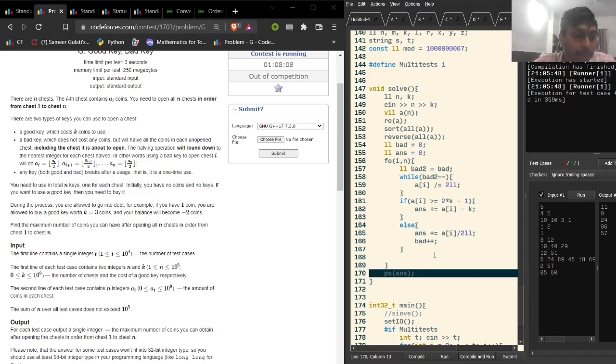So we will have a prefix of good keys where we will get the sum of A_i minus k times the number of good keys, and after that we can pre-compute the suffix for bad keys. And we don't need to do that for a long time, because after a certain point all of the values will go down to 0. Okay, now I need to think how to implement that.